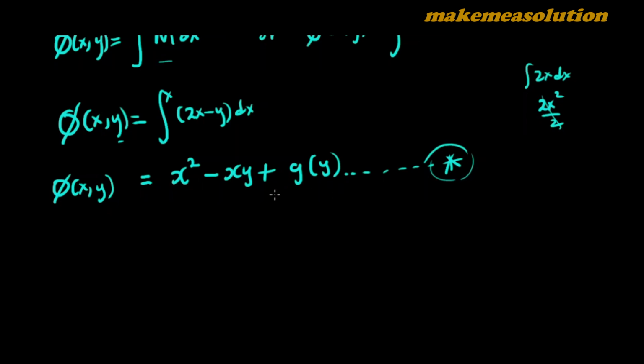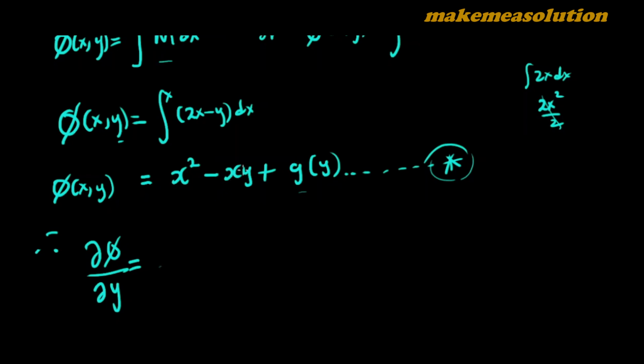So in order to find g of y, you have to take a step further by differentiating your phi of x with respect to what? y, of course. Remember, to find the unknown function, you have to differentiate with respect to the complementary variable. We integrated with respect to x, so we're going to differentiate with respect to y partially. When you differentiate the first term with respect to y, x squared is a constant, so it goes away.